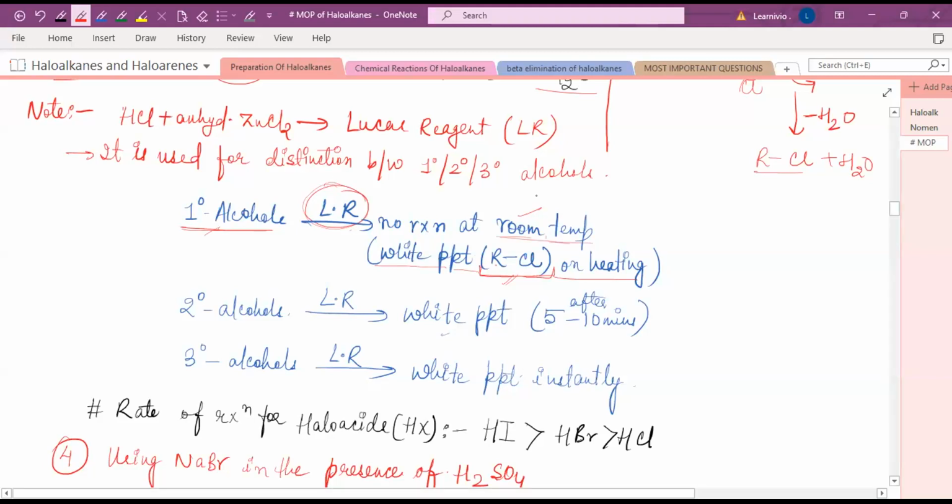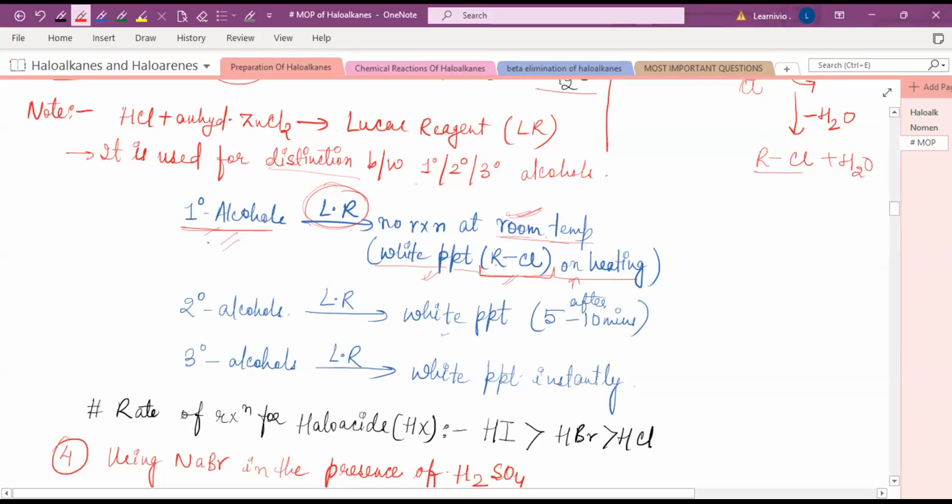It is at room temperature, but if you increase the temperature, this primary alcohol will also give the Lucas test. But at room temperature, it doesn't give the test. So for the distinction between primary, secondary, and tertiary, you just have to test it at room temperature.